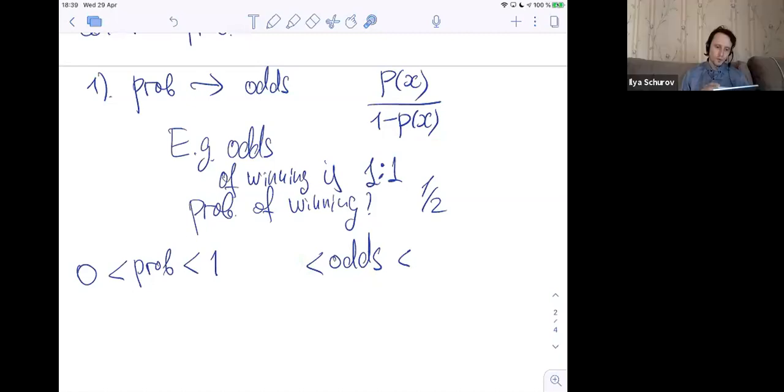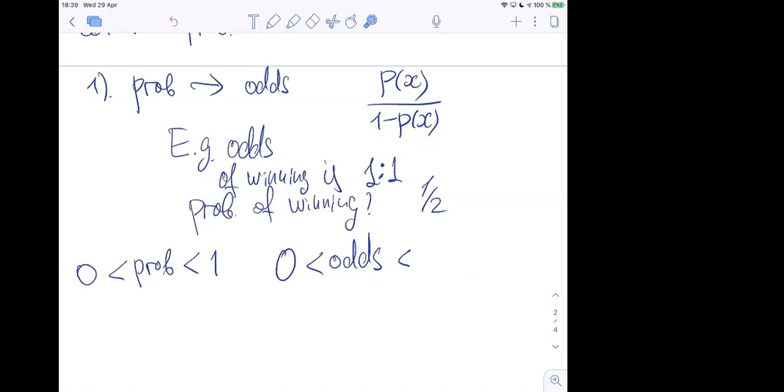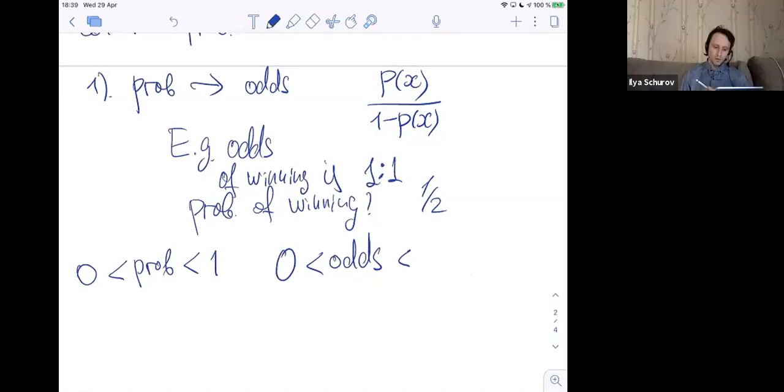If probability is 0, then I divide 0 by 1 minus 0, and this is 0. And what is the largest value for odds? Infinity.